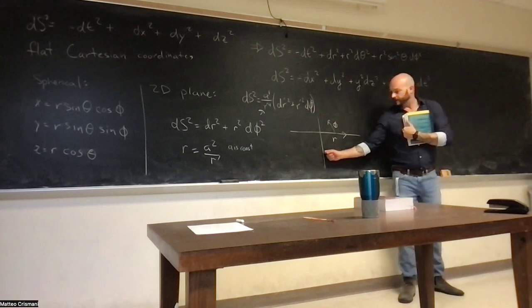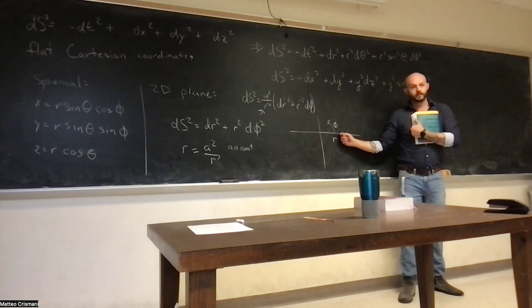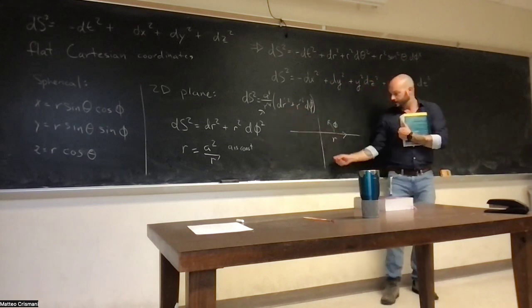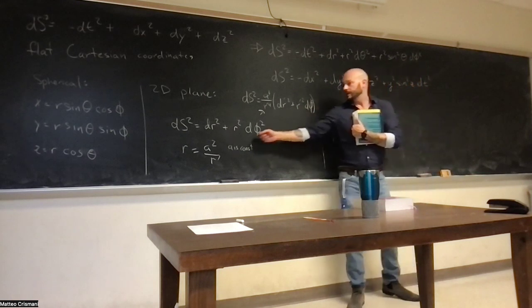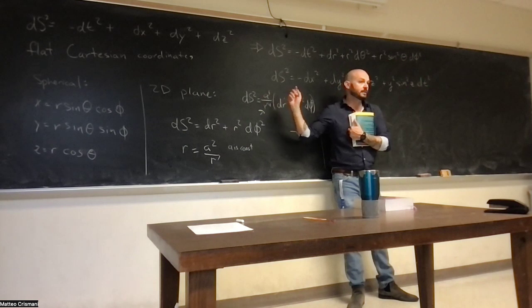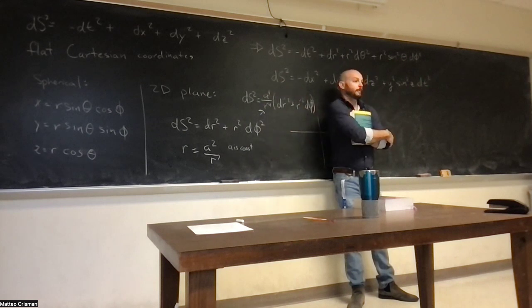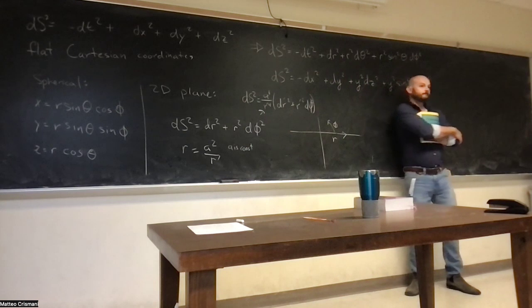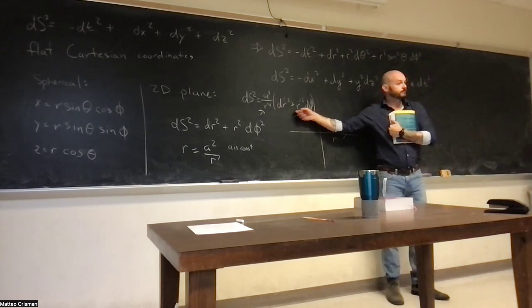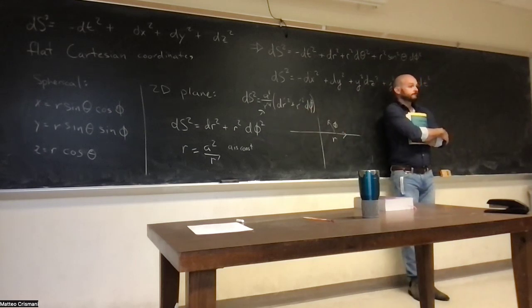If I go from this point to this point in this coordinate system, and I compare it to the same two points in this coordinate system, do they give me the same length? Does one give me a larger length? Does one give me a smaller length? Is this one smaller? Is that what you're asking?